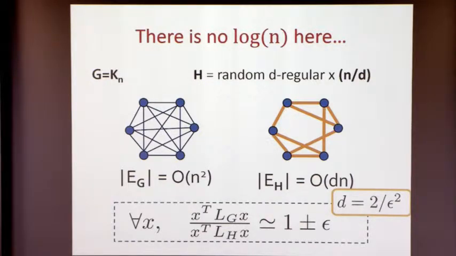There's no dependence on the size of the graph. And this is an expander graph. If there was a log n, you would no longer consider it an expander graph. There's a qualitative difference between the degree going to infinity and the degree being constant. So this is the issue that I want to address here.